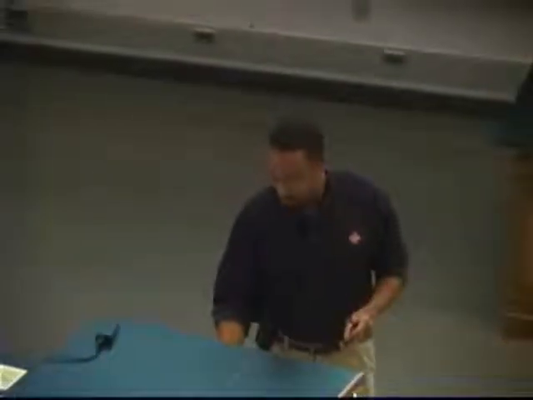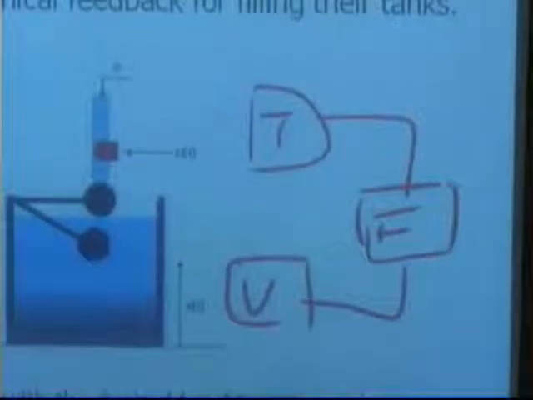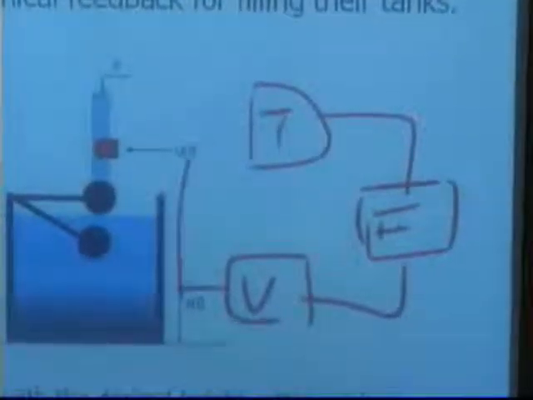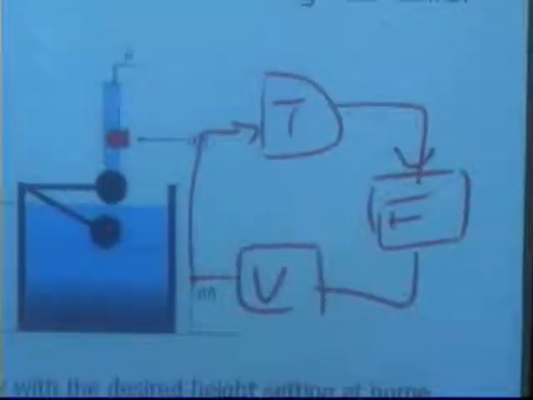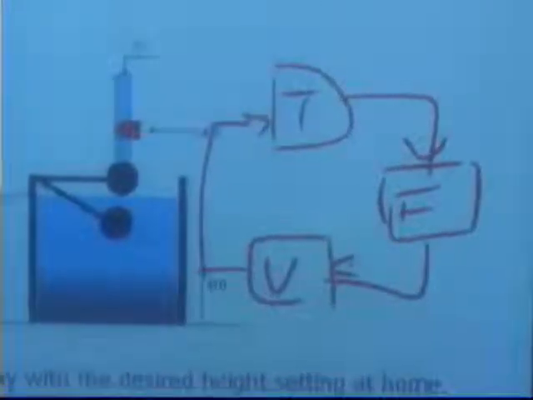Does that make sense? Diagram. You've got your tank, and then you've got your float. The float affects a valve, and the valve affects the tank. So you've got this feedback cycle.